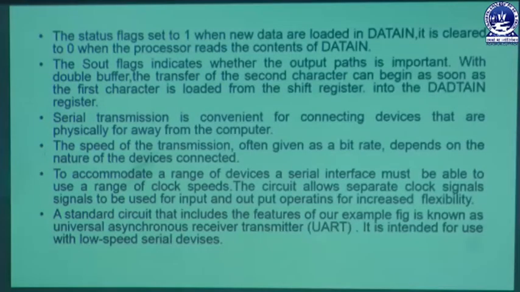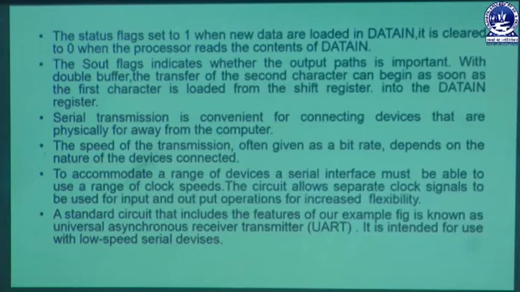Then the S out flag indicates whether the output path is available. With a double buffer, the data transfer of the second character can begin as soon as the first character is loaded from the shift register into the data in register.